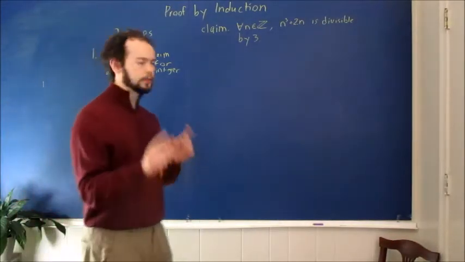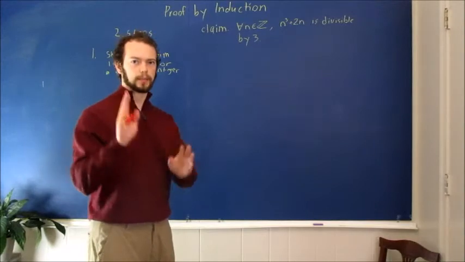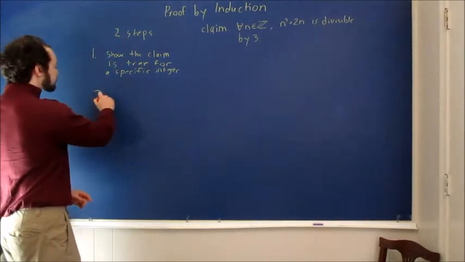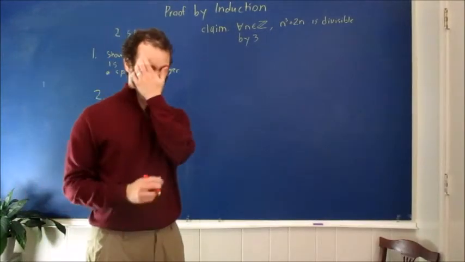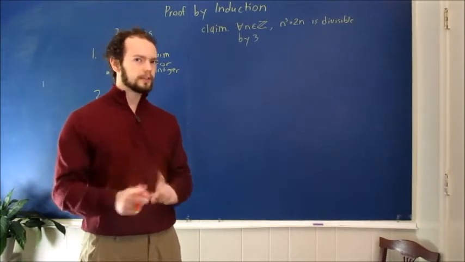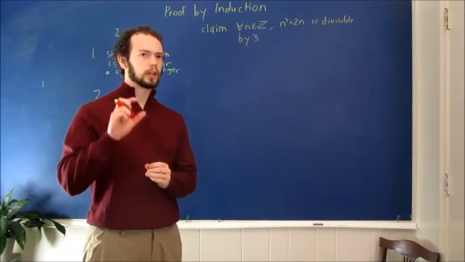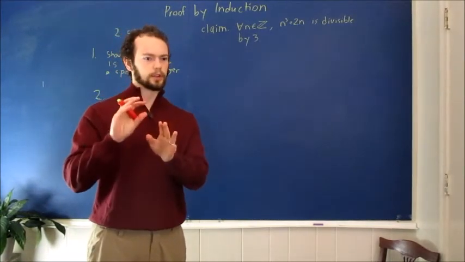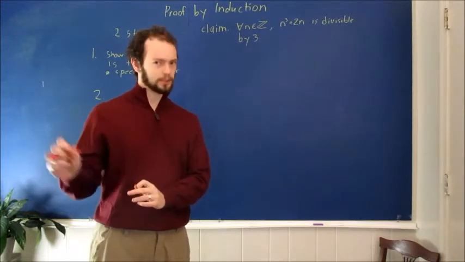Then the next step, and this is kind of what makes the whole thing work. The second step is we're going to show that if it's true for some integer, it must be true for the next biggest integer.